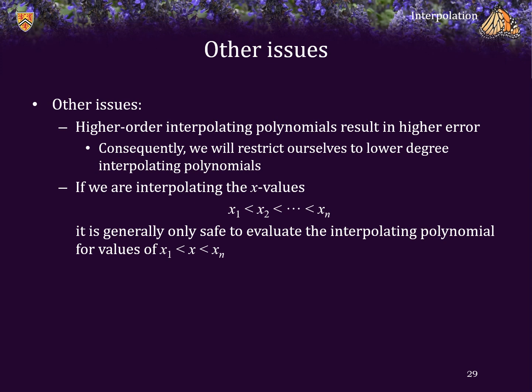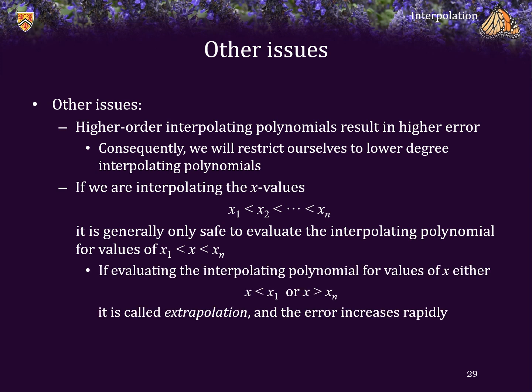Second, if we are interpolating a number of x values where x1 is the smallest and xn is the largest, it is generally only a good idea to evaluate the interpolating polynomials for values of x between the smallest and the largest values, hence the term interpolation. If we are evaluating the interpolating polynomial for values that are either less than the smallest x value or the largest x value, this is called extrapolation.